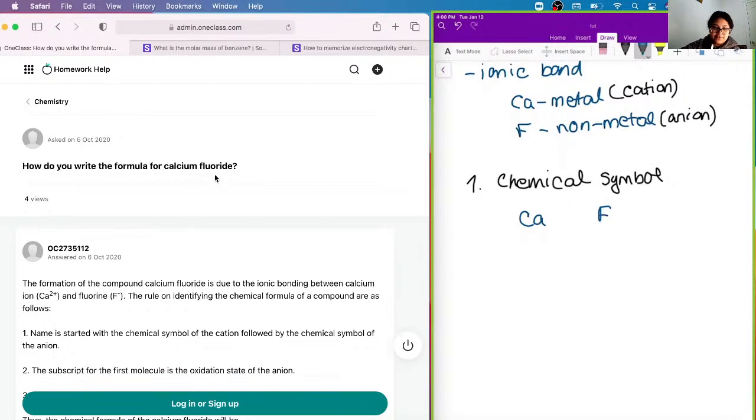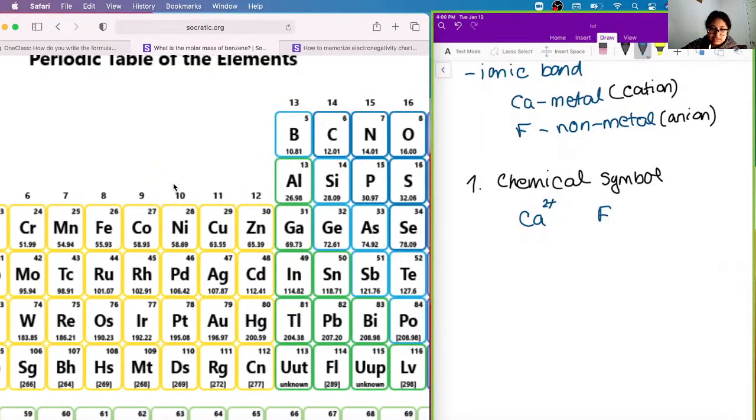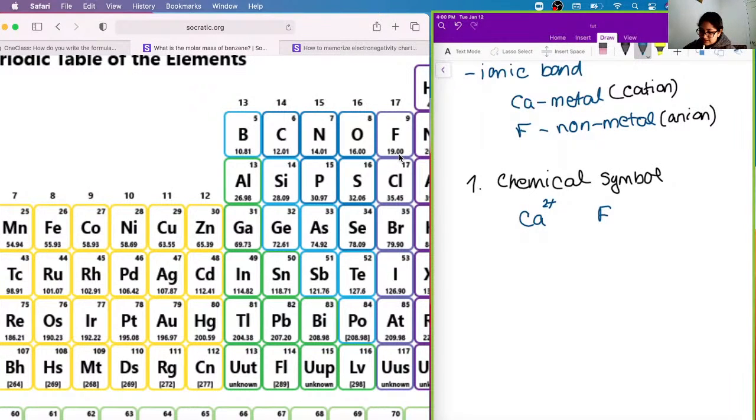And so the charge for that, as we know that it exists in group 2, is +2. Right? And fluorine is in group 7, and this has a charge of -1.